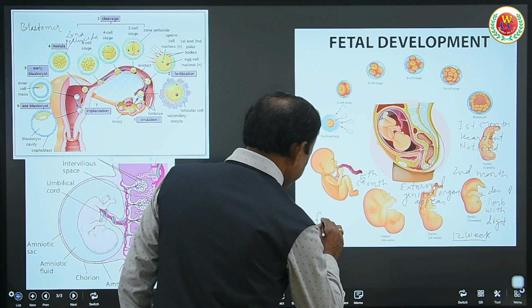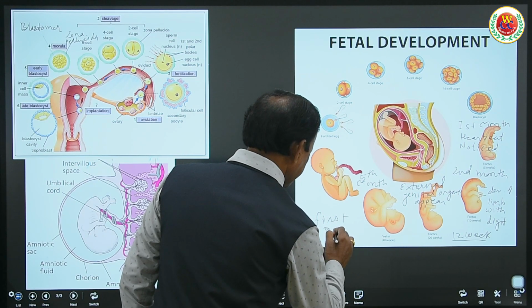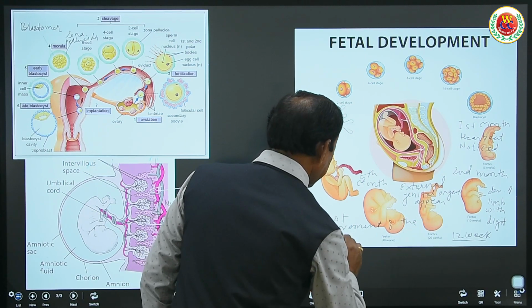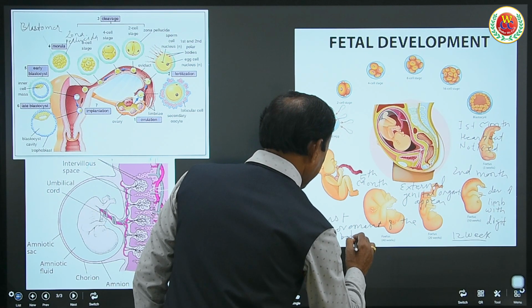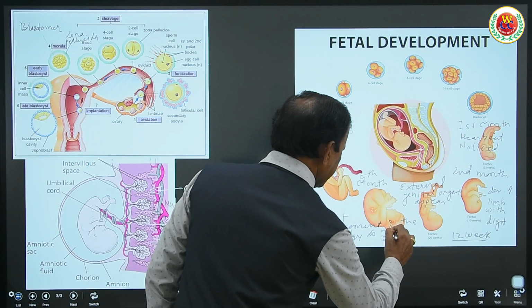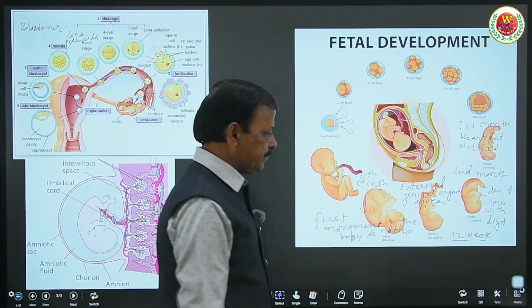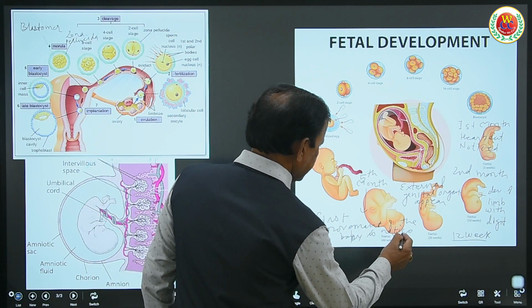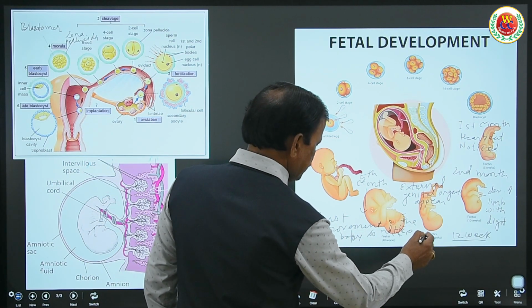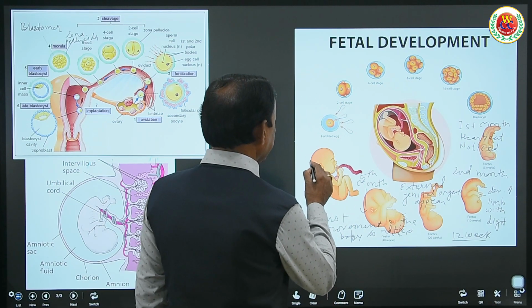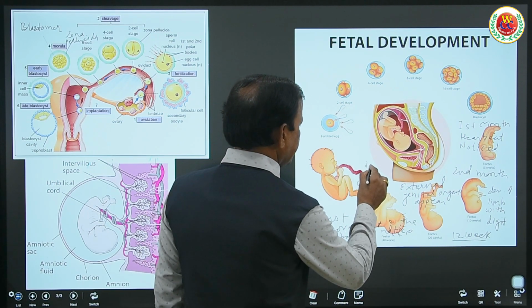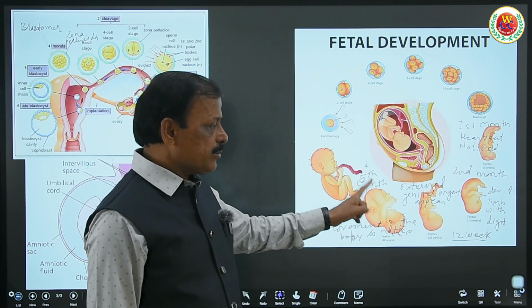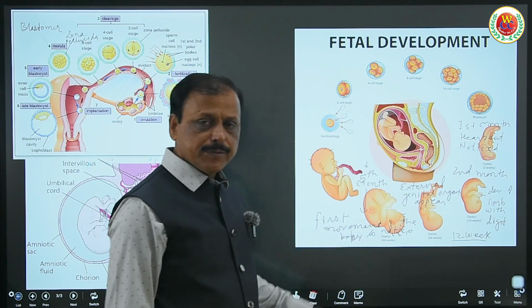First movement of the baby is noticed in the 5th month, and also hairs appear on the head. Hairs can be shown here. Hairs begin to appear on the head. So movement of the baby, first movement of the baby, and hairs on the head appear by 5th month.